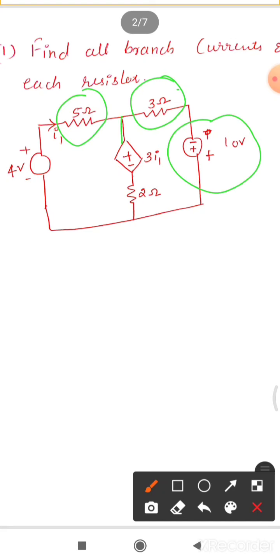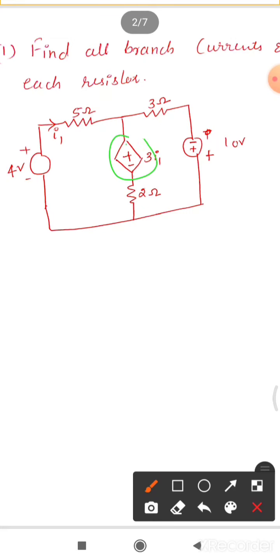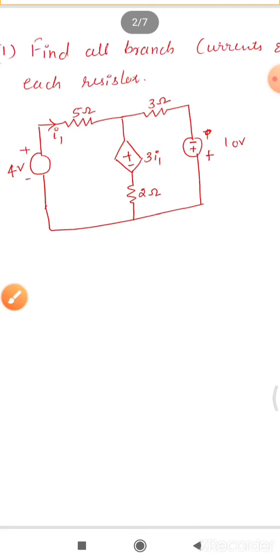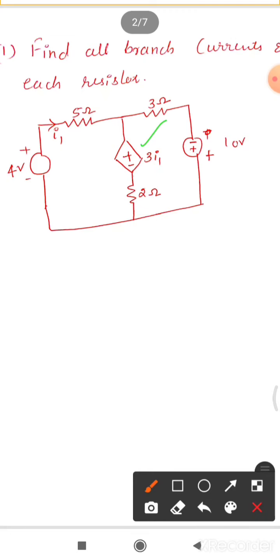Is the dependent one a voltage source or a current source? It is a voltage source, because in the rhombus they have specified plus and minus. On what is it dependent? It is dependent on the current I1.